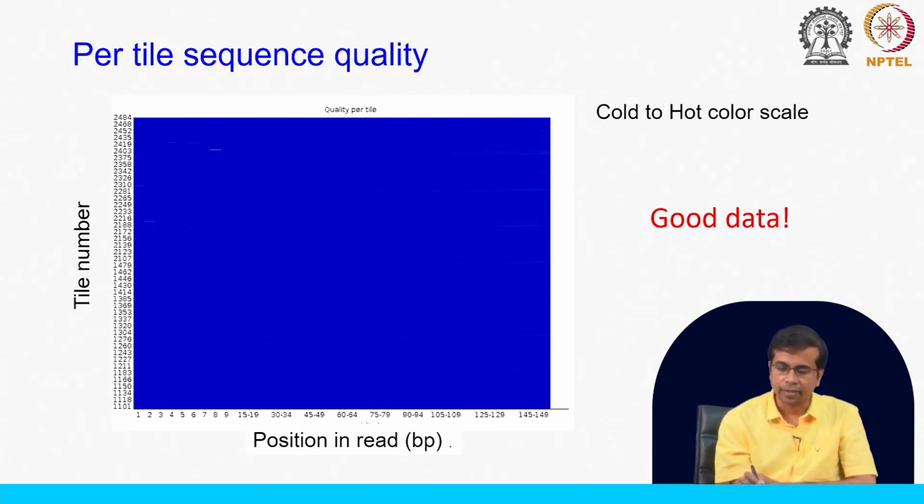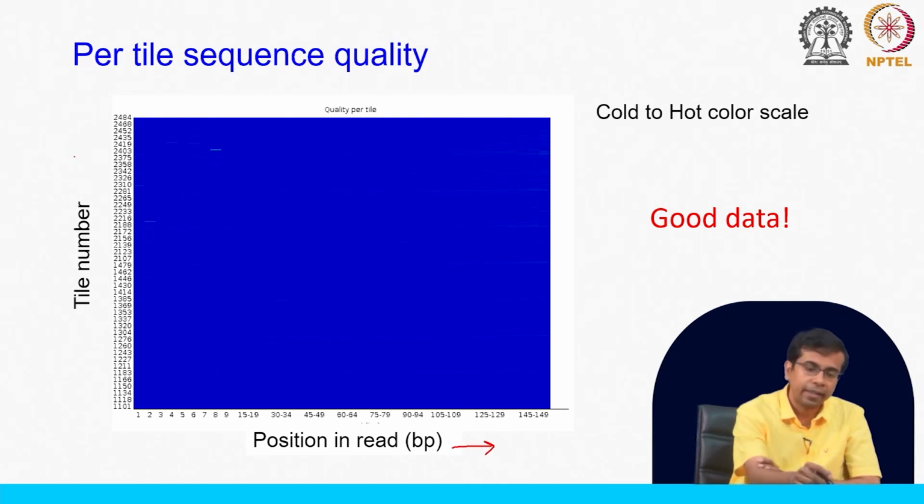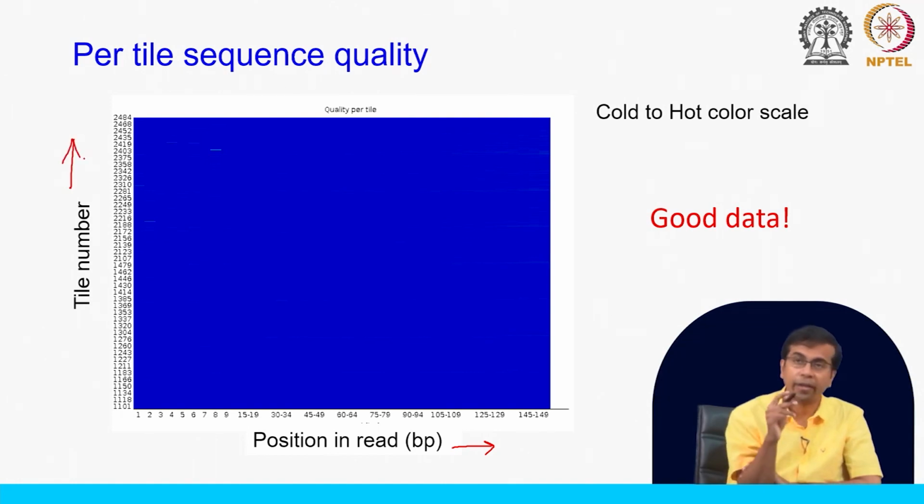On the x axis you have the position in read in terms of base pairs, and on the y axis you have the tile number. You remember the tile number that was present in the header. What you see here is the quality per tile.